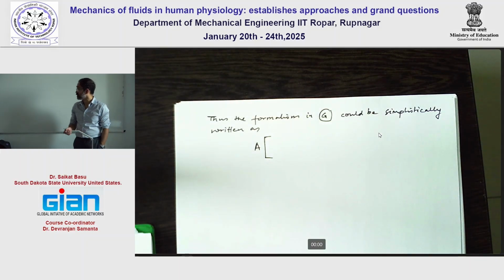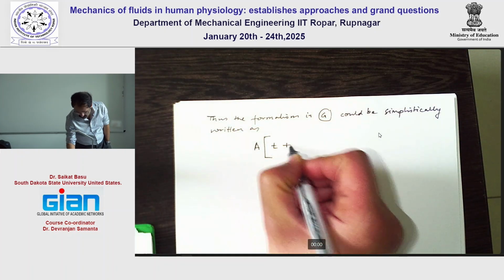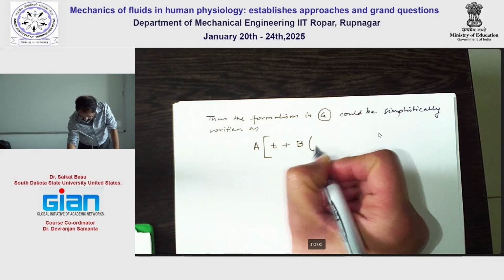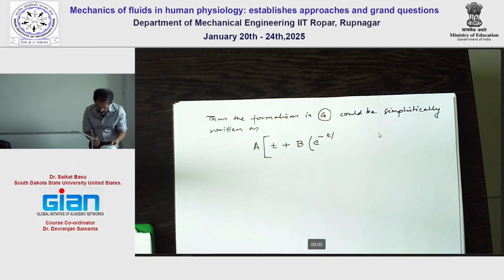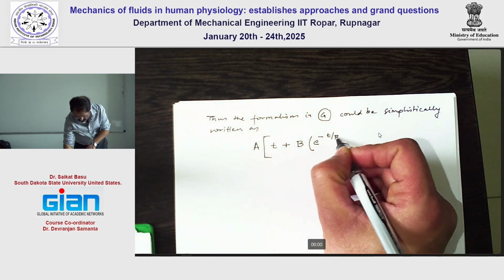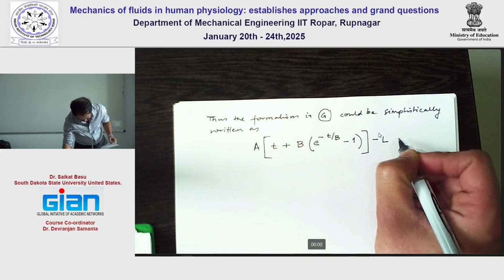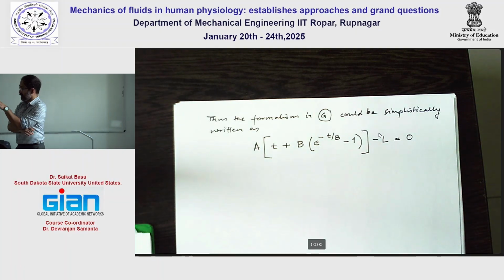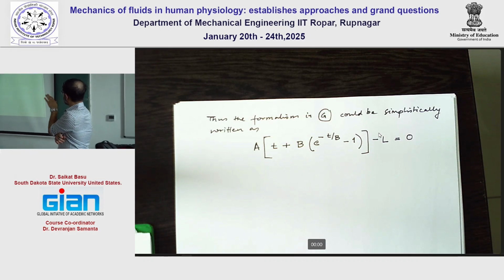In the code, you will see that I'm just using the alphabets A and B. So basically, A is that tau Vf square over that factor, and B is tau Vf. And I brought L to this side.